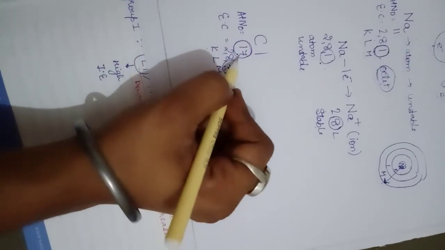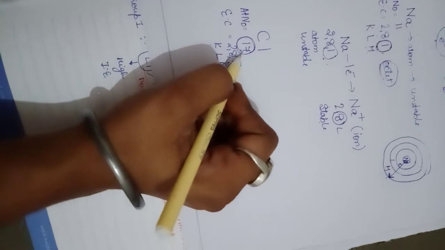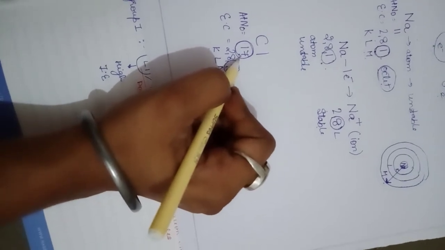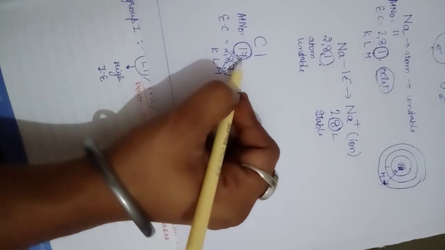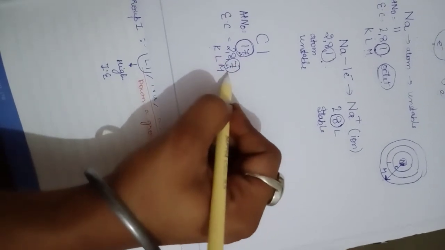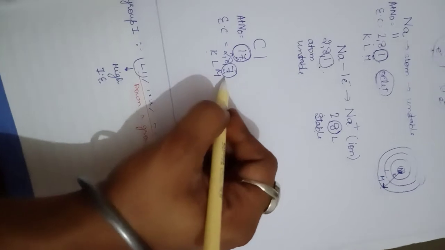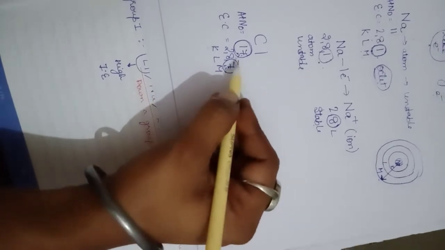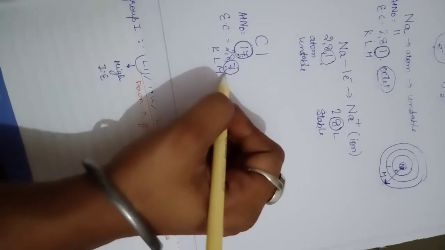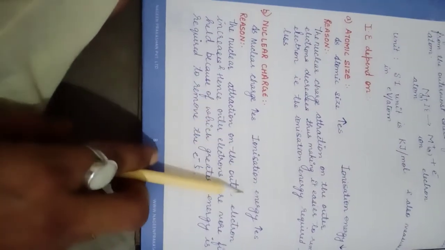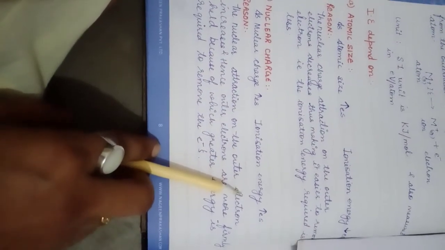Nuclear charge is the positive charge which is present in the nucleus of an atom. So here there are 17 protons present inside. So they will attract these electrons very firmly. Hence these electrons will be held firmly, and to remove these electrons large energy will be required. Okay. So here the factor says that as the nuclear charge increases, ionization energy also increases.